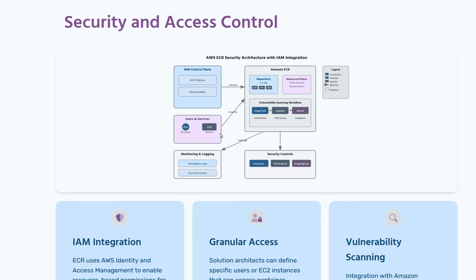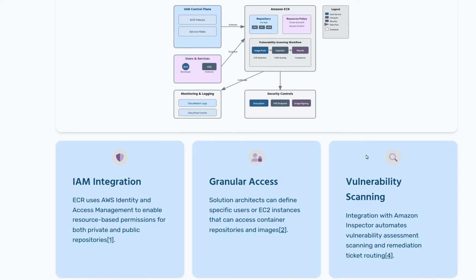Then users and services: developers can push images, users can pull and download them, for example EC2 instances. In this direction you have monitoring and logging, so you can use CloudWatch logs and CloudTrail events.